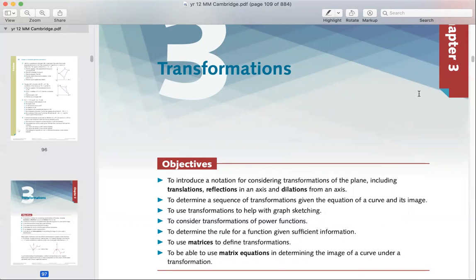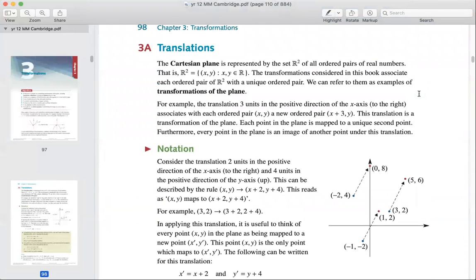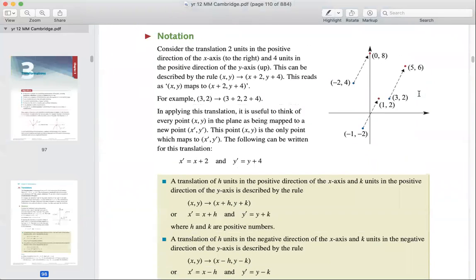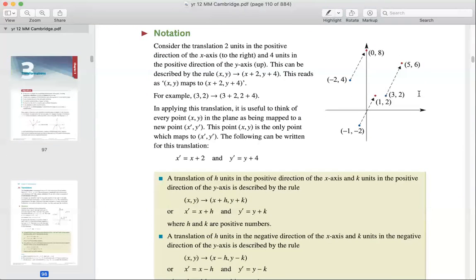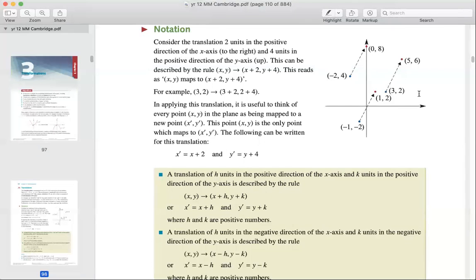Let's first look at translation. This one is most straightforward, just moving up and down and left and right. But make sure you know the point (x, y) is the original point, and (x', y') is the new point, mapped from (x, y) to (x', y').